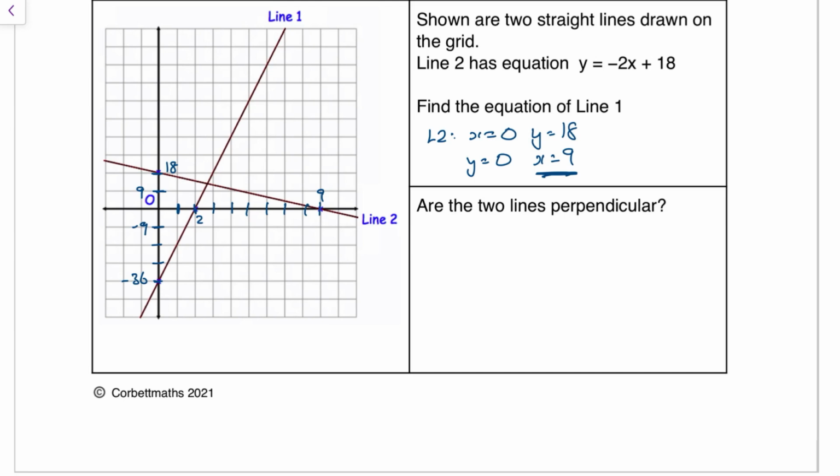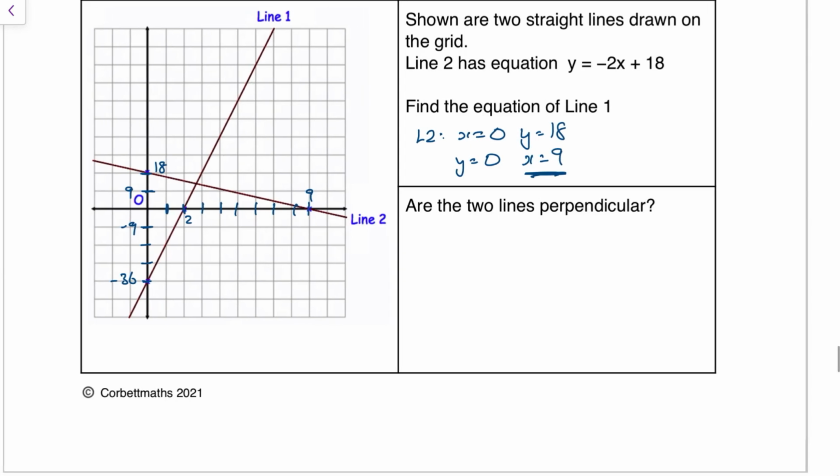To be clear, what I'm going to do is do this question underneath. So let's just box that off for now, because I want you to be able to see what I'm doing. For line 1, I know the gradient.